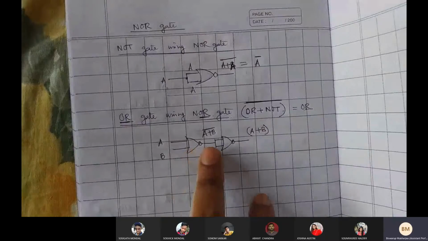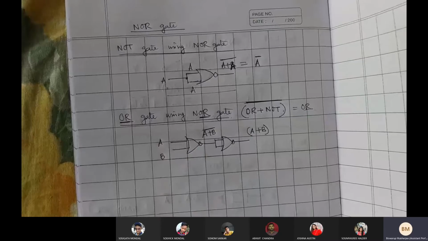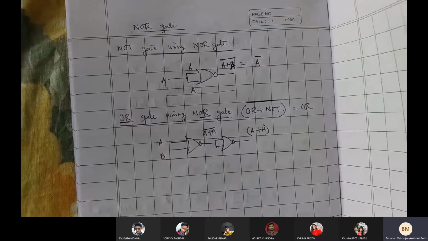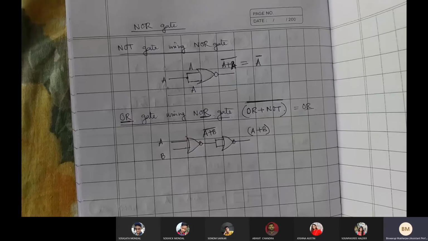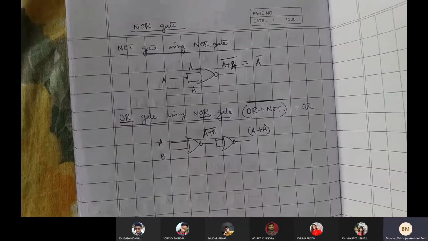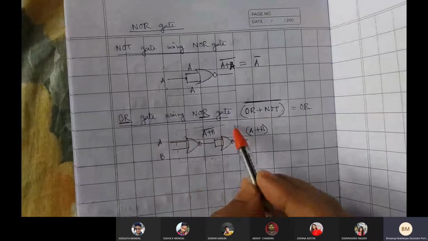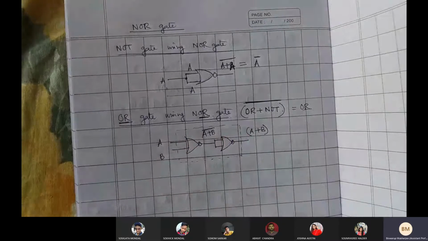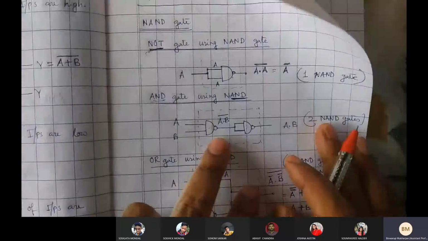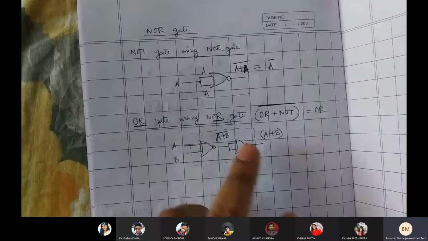That is what I have done: the main NOR function followed by another NOT gate. This NOT gate has also been implemented using NOR. It looks similar to the NAND schematic we used to implement AND. AND করার জন্য যে NAND গেটটা ইউজ করেছিলাম, exactly looks the same, but that was AND using NAND, and in this case it is OR using NOR.